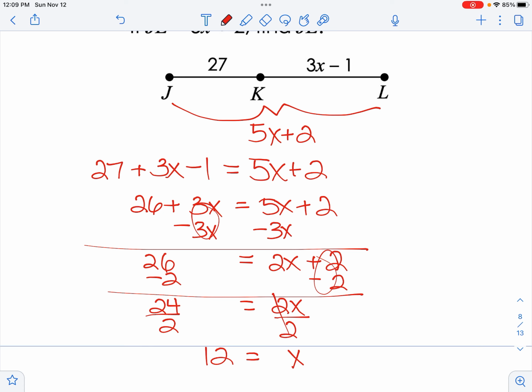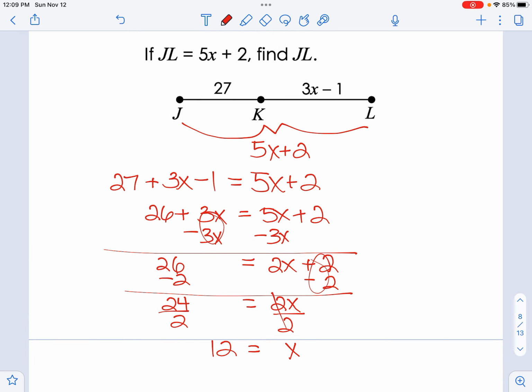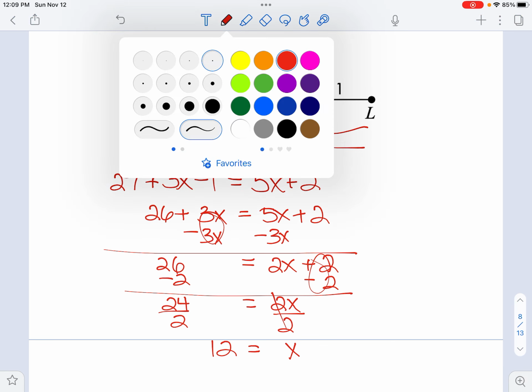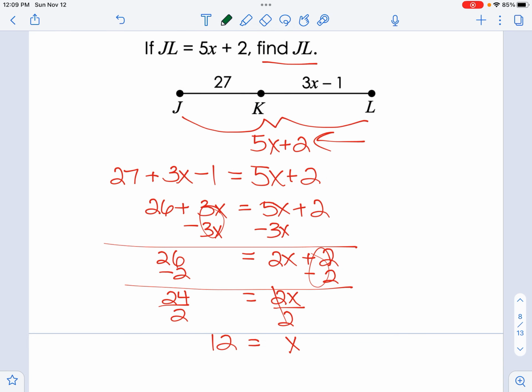Okay, but they didn't ask me to find x this time. They asked me to find JL. So now what I want to do is plug back in. JL equals this. So I'm going to say, all right, cool. I now know that x is 12. So in place of x there, I'm going to put a 12. I'm going to add 5 times 12 plus 2.